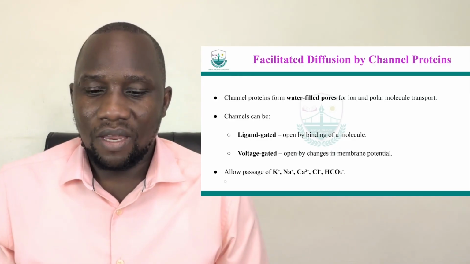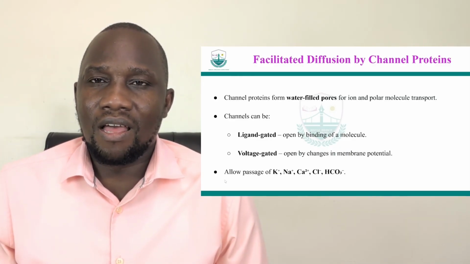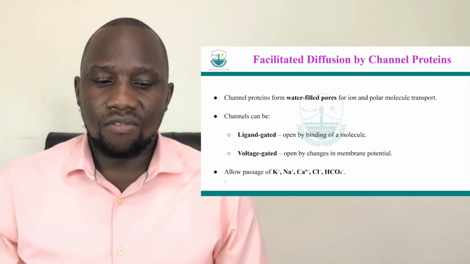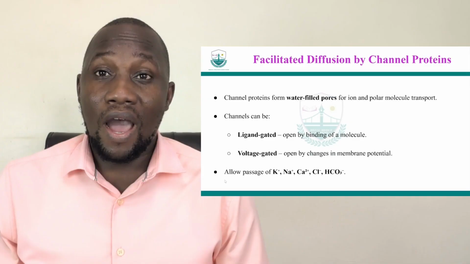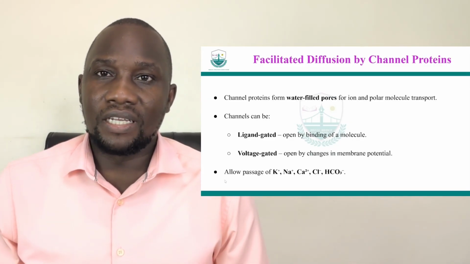Others only open when there is an impulse, where you have a change in membrane potential. Therefore, these channels are very important for ion movement: chloride, potassium, calcium, and hydrogen carbonate ions.